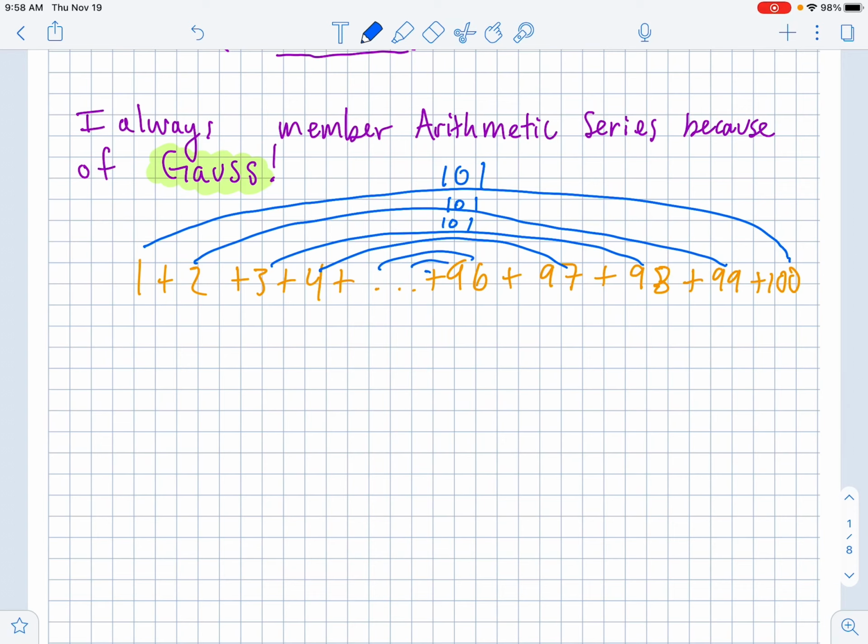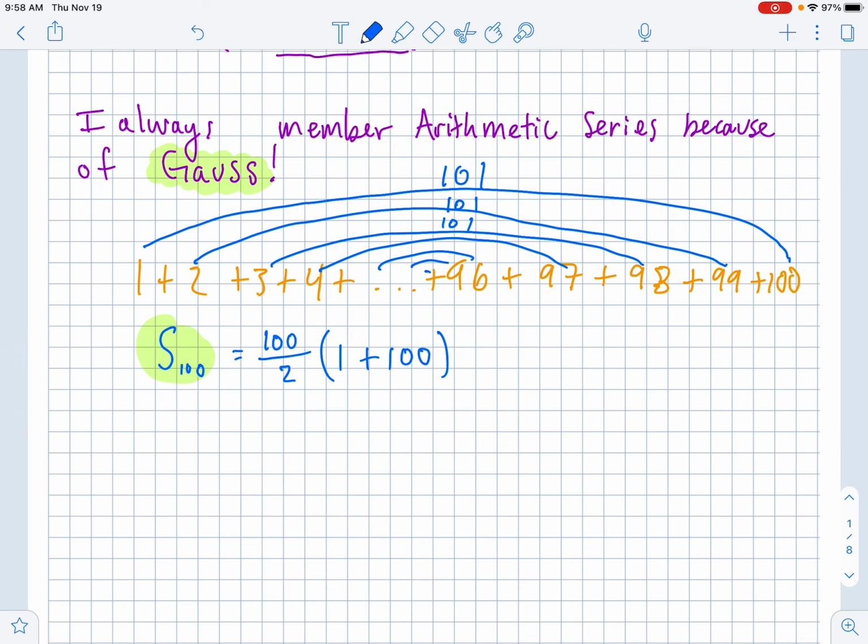And you have half the pairs of however many things there are. So Gauss said this sum would be S sub 100. This means adding together 100 terms. There's 100 things, so there's 100 over 2 pairs, and then the first term plus the last term.